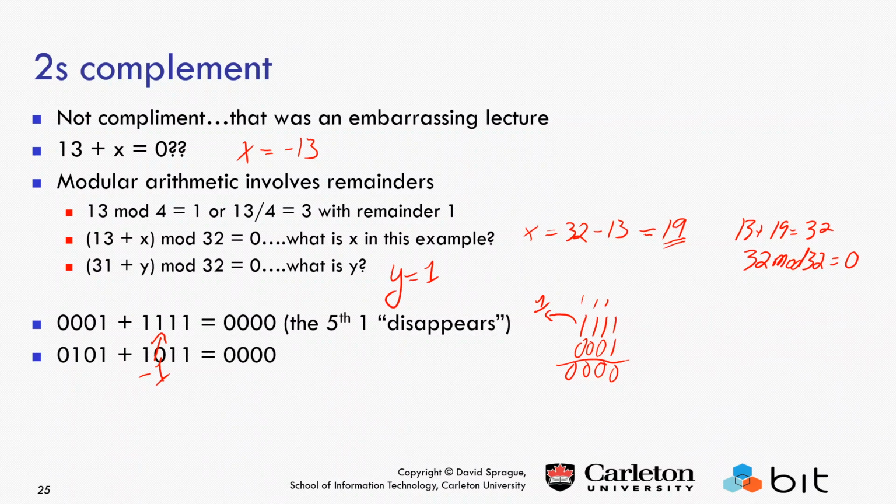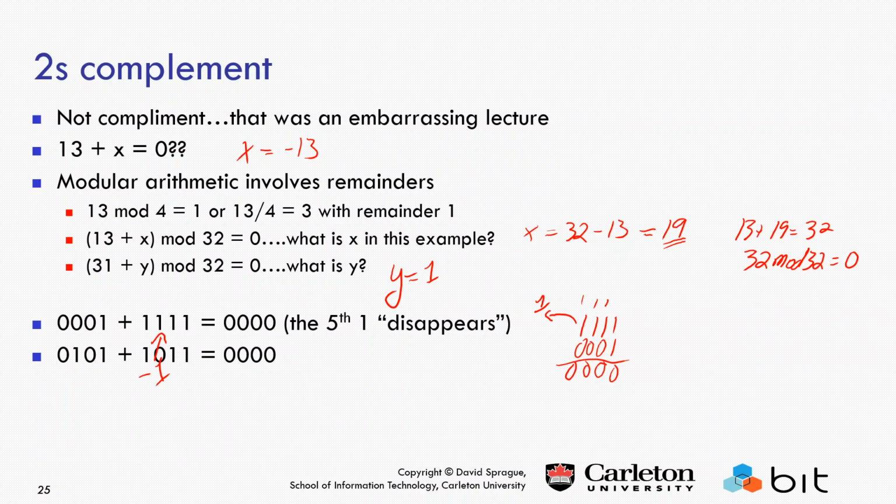How about this one? This number and this number. If I add them together, I will get 0 as well. So let's figure out what this number here is. This is 4. This is my 5 again. This should be -5. 1011 is -5.